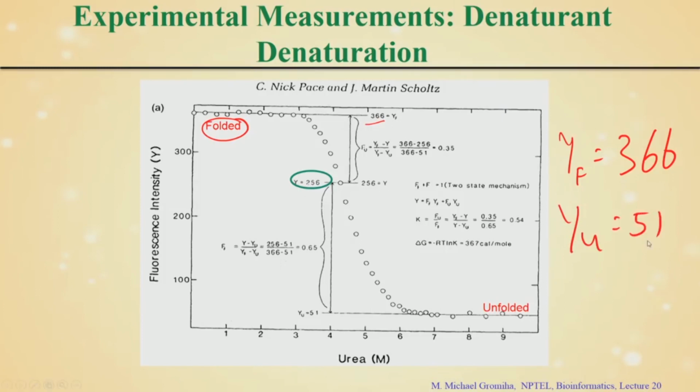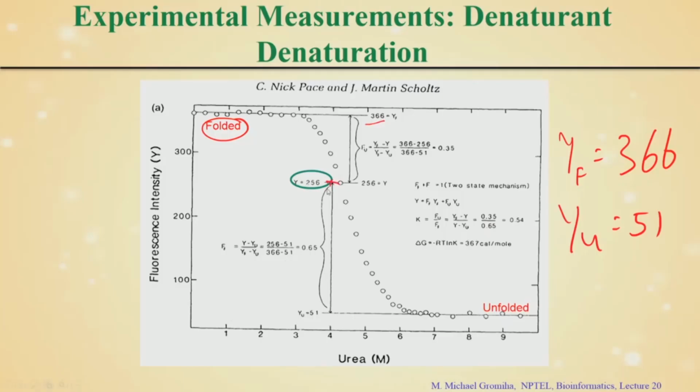Then, using this graph for different concentrations and the fluorescence intensity values, it is possible to derive the value for delta G at any point. For example, if you take this point, in this case Y equal to 256, what is the contribution from the folded state and what is the contribution from the unfolded state?